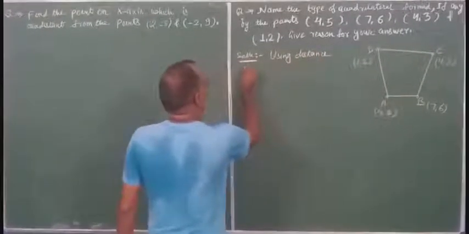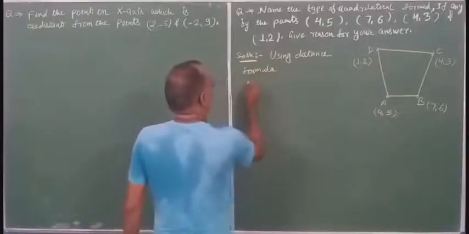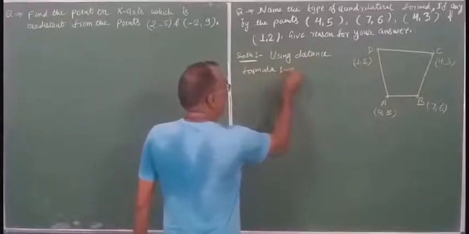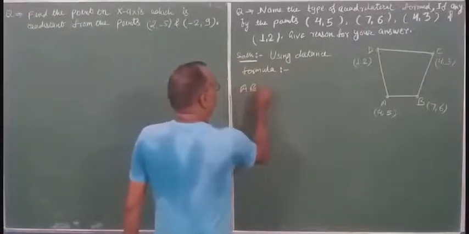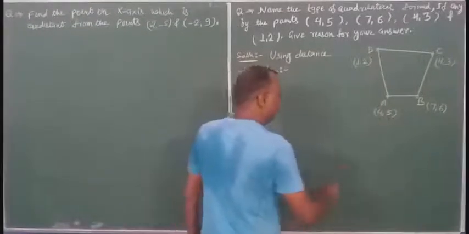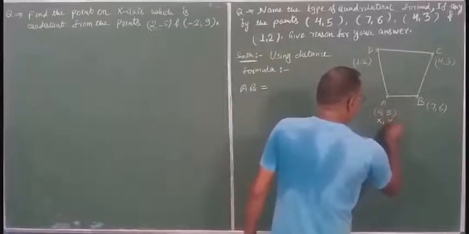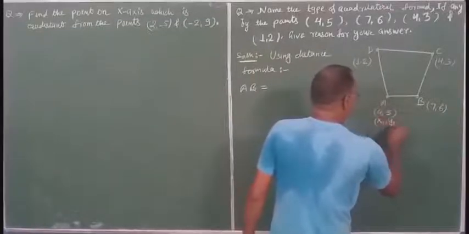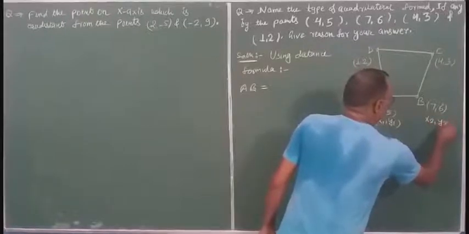So AB is equal to, suppose this is x1 and y1, and this is x2, y2.